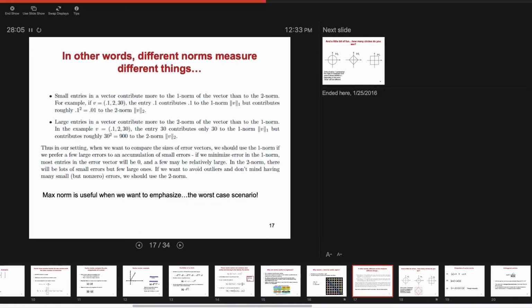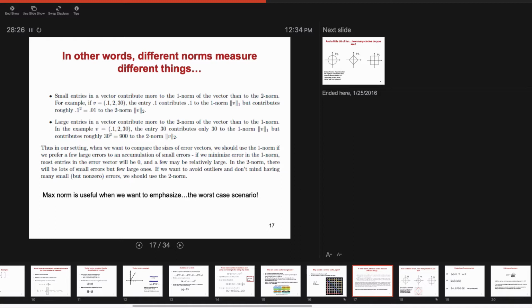This is a little bit too much text, but it is also working as your notes. Just as a note, if you're the one deciding how to measure things, then often the max norm, taking the largest number, means the largest number overtakes.